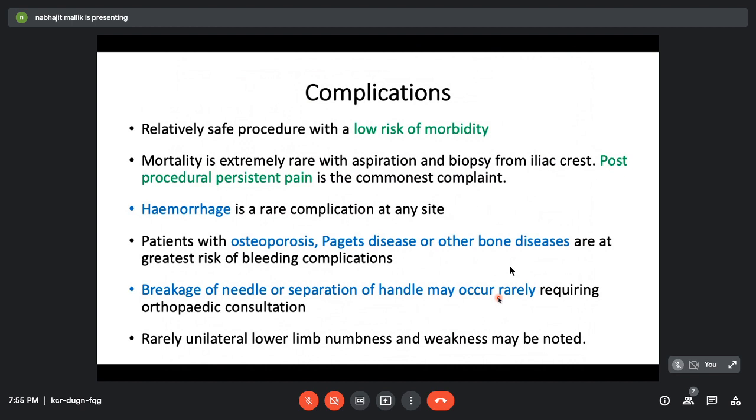In my practice and from what I've heard from the department in the last 5-10 years, maybe only 1 or 2 such cases have happened, and the patient has had to be rushed to the orthopedic OT for removal of the needle that has got stuck inside. But this is very rare now with the good quality needles that are available, especially the Jamshidi line of needles that is available with us now.